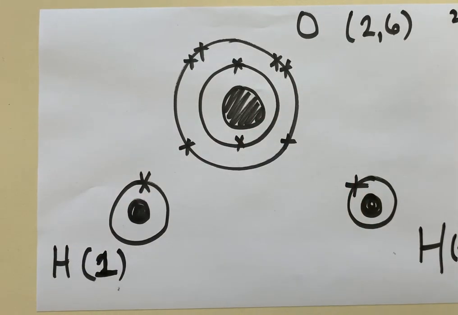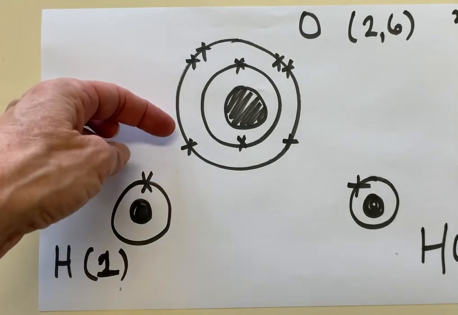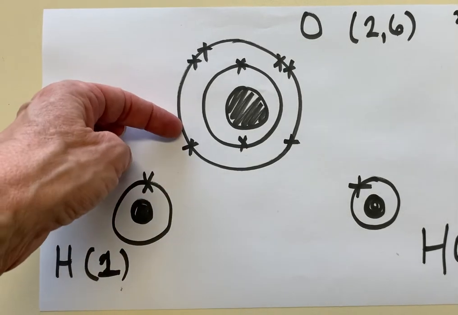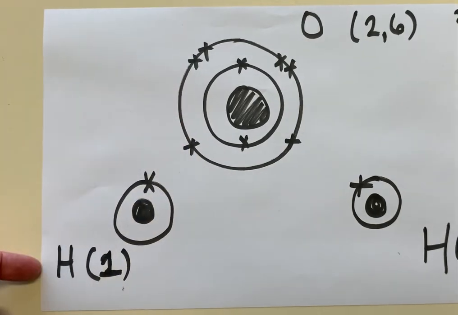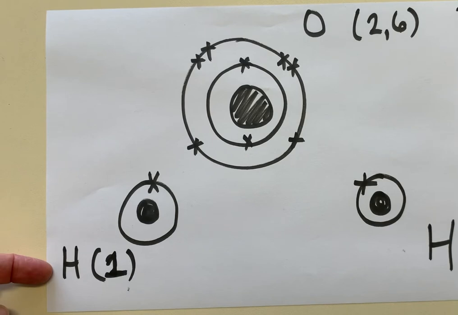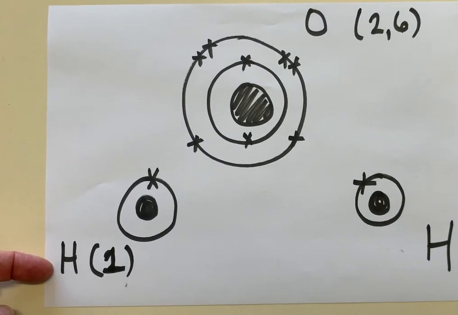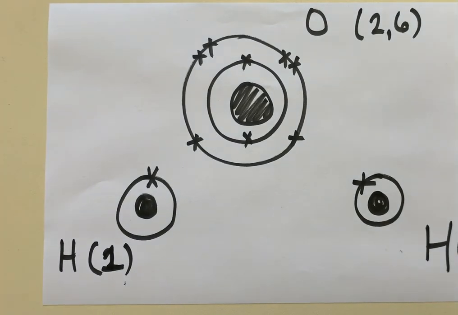Now it gets a little bit tricky here, because if hydrogen gave away its electron to oxygen, that might be quite good, but hydrogen would be left with no electrons, so that's not going to work because it's not going to be very happy. Remember that all atoms want to have a full outer shell of electrons.